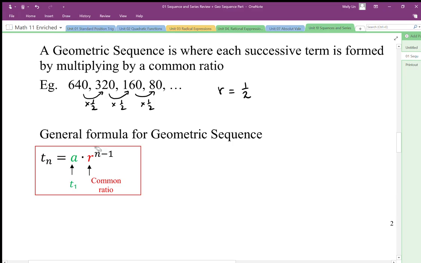The n minus 1 represents the number of steps from the first number to the last number n. And so this is our general formula. This calculates the number of times we multiplied to get to n. So for example, for t10, the 10th term, we start at A and we multiply by R 9 times, because there are 9 steps from term 1 to term n.